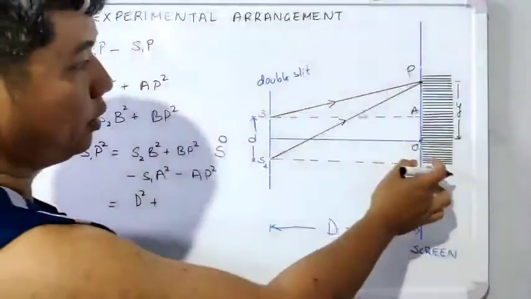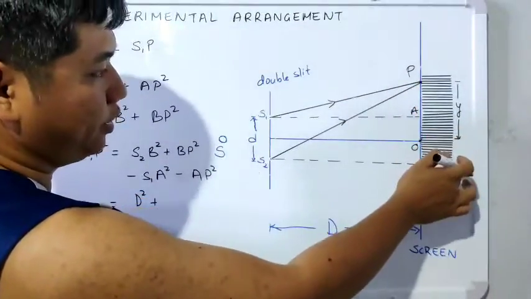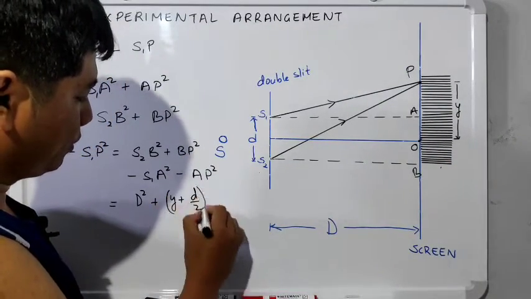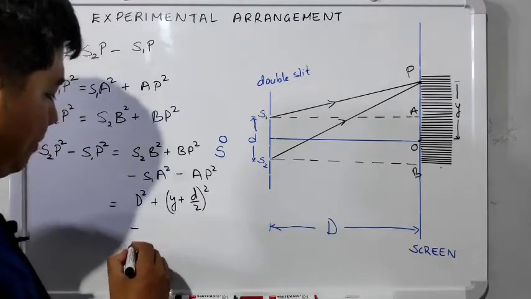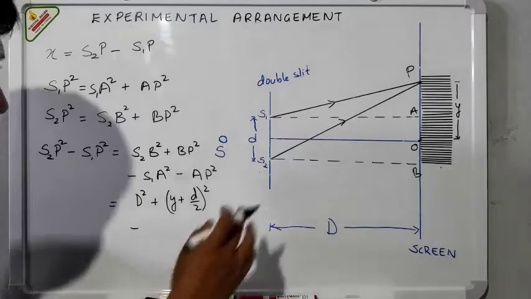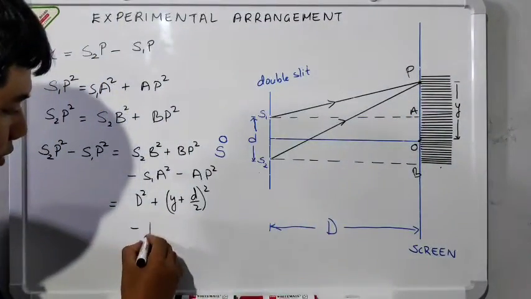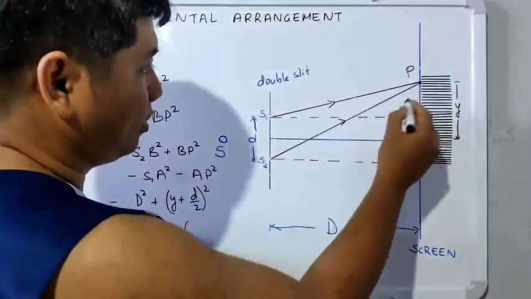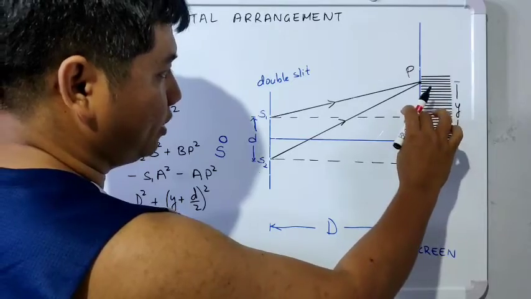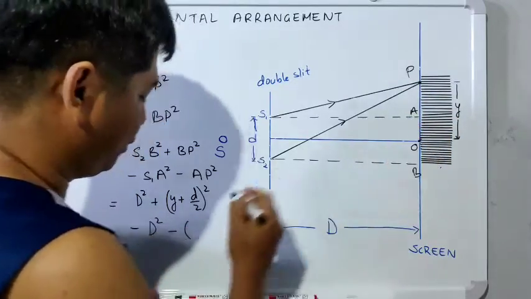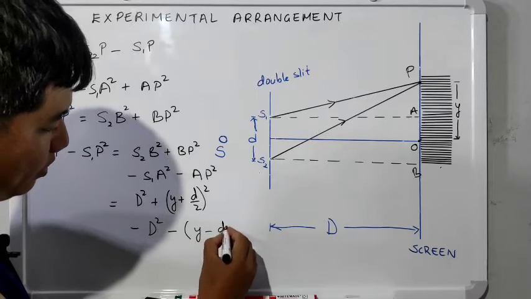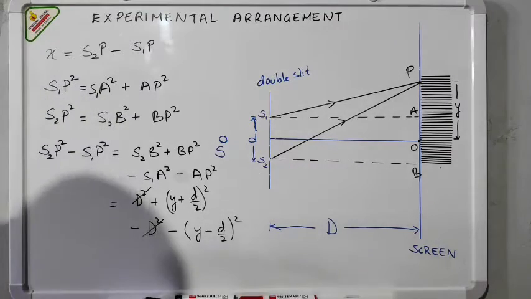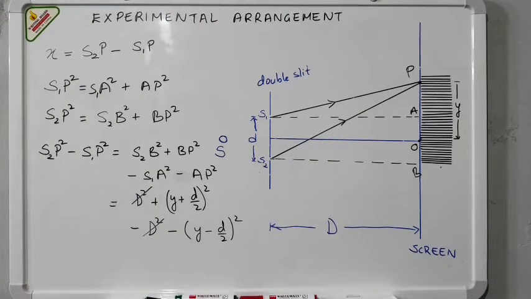BP is y plus d by 2, whole square, minus D square, minus AP square, where AP is y minus d by 2, whole square. D square and D square cancel.